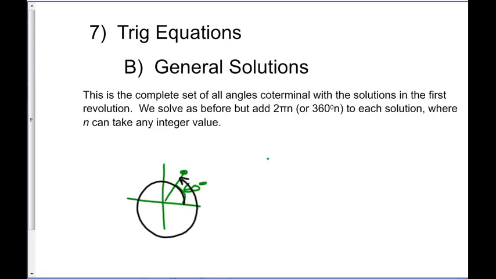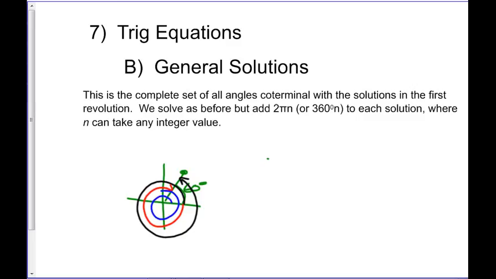In other words, the next coterminal angle to 60. And you'll have one if we had happened to go backwards to 60, or if we'd made a bunch of revolutions and gone to 60.